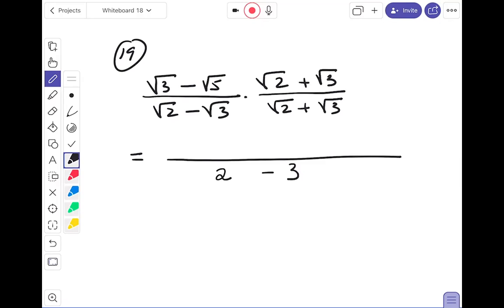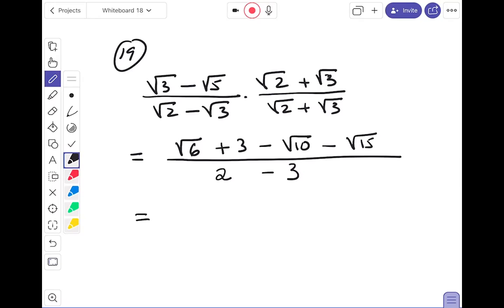Right, we'll do that later. What do you get on top? Distributive property. Root 3 times root 2 is root 6, plus root 3 times root 3. Am I copying that right? Is going to be 3, minus root 5 times root 2 is root 10, minus root 5 times root 3 is root 15. What do you get over here?